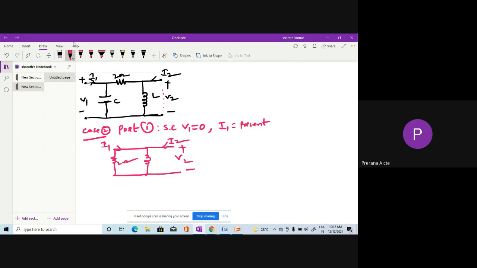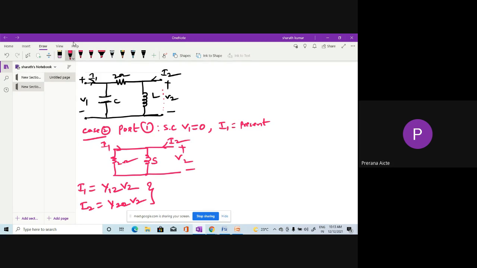This is 2 ohm, and this is your inductor L, you can name it as S. So our parameter equations are: I1 is equal to Y12 V2, and I2 is equal to Y22 V2. These are the two available equations with us.